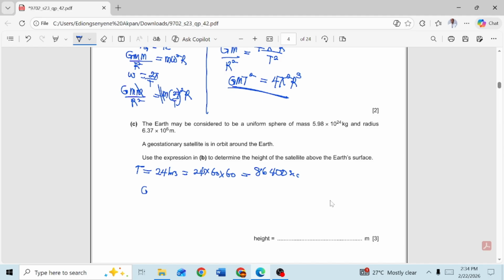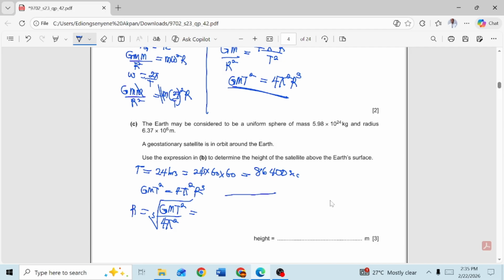Now we will find r using the equation that we got. We had GMT squared equal to 4 pi squared r cubed. r will give us the cube root of GMT squared over 4 pi squared. Let's put the values.